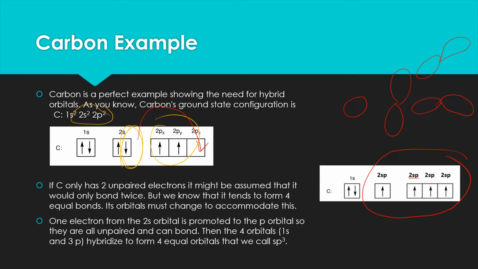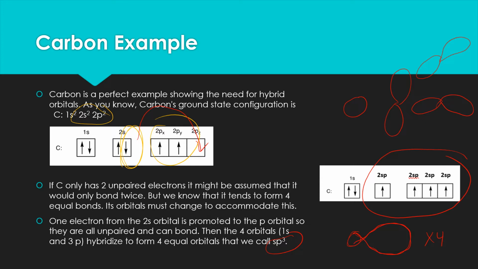Each of these becomes a new shape, a mix between the two, with an almost spherical side and then a larger dumbbell side. We would have 4 of them. We call them all as a group the sp3 orbitals. So 1 s and 3 p's make up our sp3 hybrid orbitals.